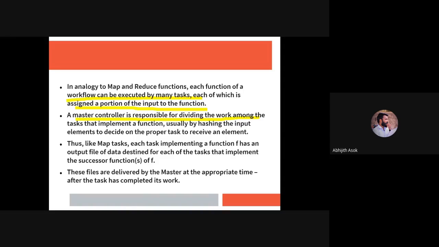And like a map task, each task implements a function f which has an output file of data destined for each of the tasks that implement the successor function of f. These files are delivered by the master at the appropriate time after the task is completed.